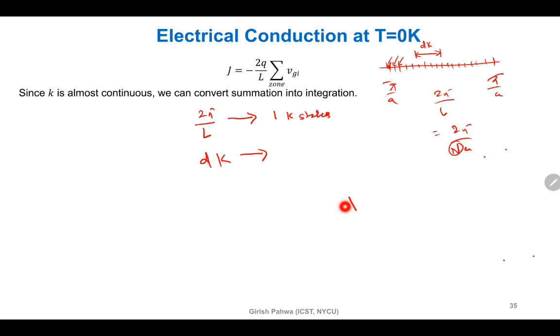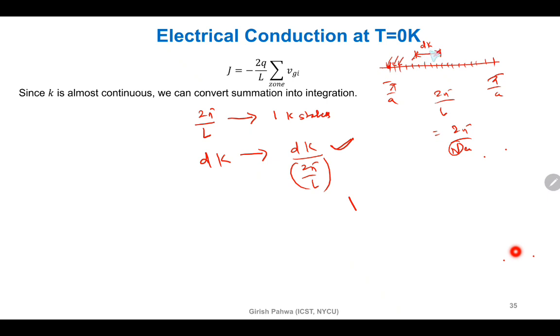dk will correspond to how many k states? How many k states will be there in this dk? This much contributes to 1. So dk will contribute dk divided by this thing, right? So the number of k states in this width dk is this.